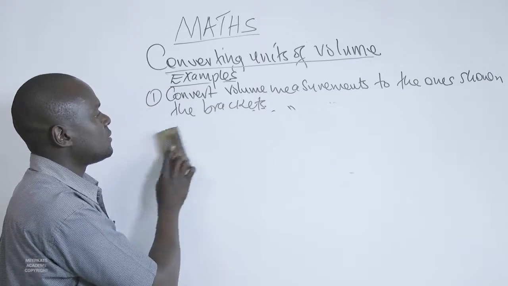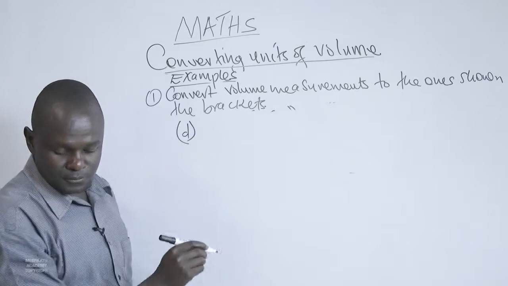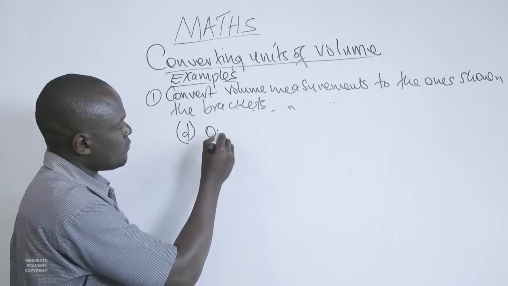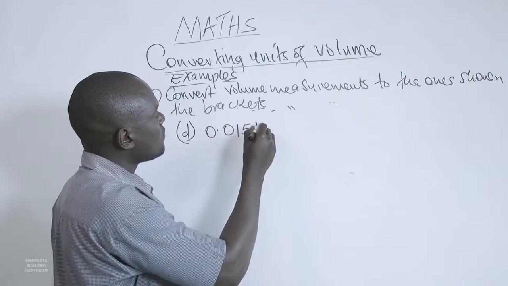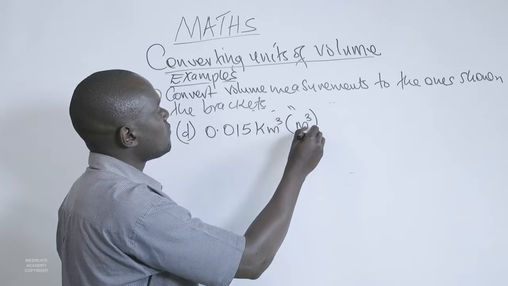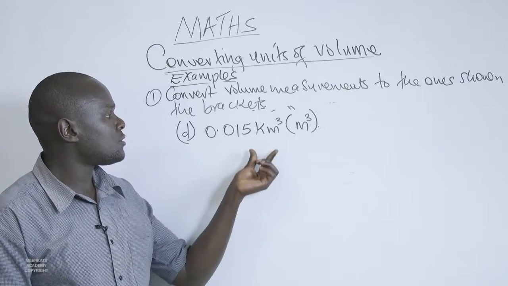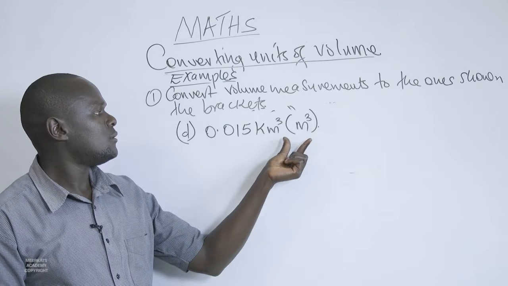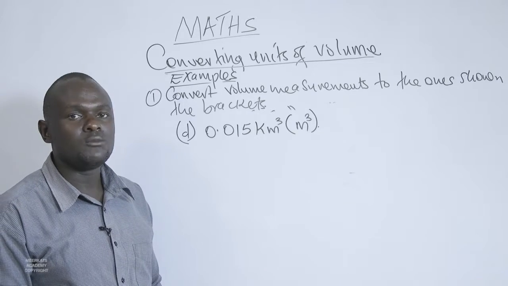Part D. We want to convert this decimal number, whose units are in cubic kilometers, to another value whose units will be in cubic meters.